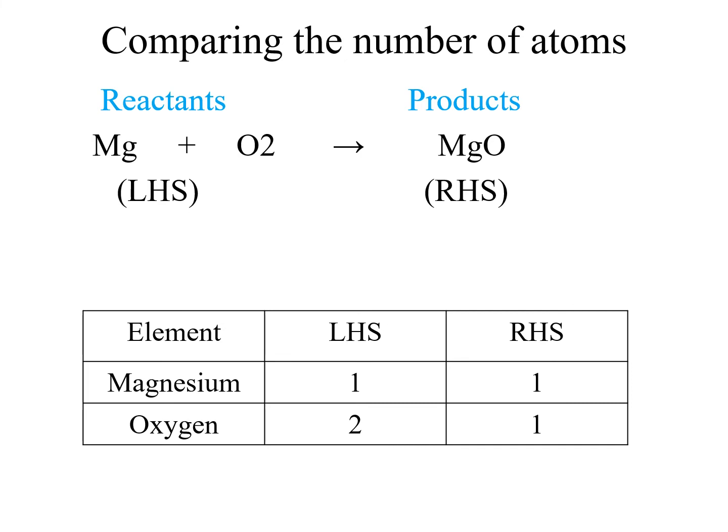But there are two atoms of oxygen on the left hand side and only one atom of oxygen on the right hand side. So this equation is unbalanced because the number of atoms on the reactant side are not equal to the number of atoms on the product side.